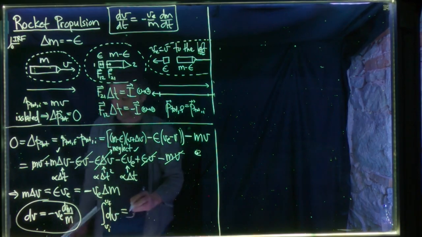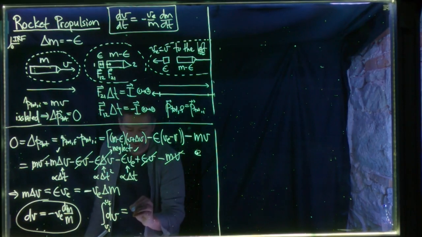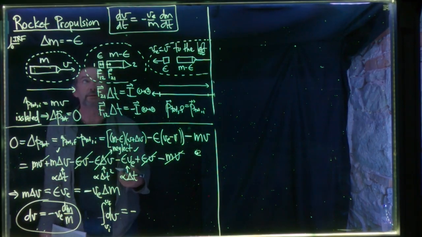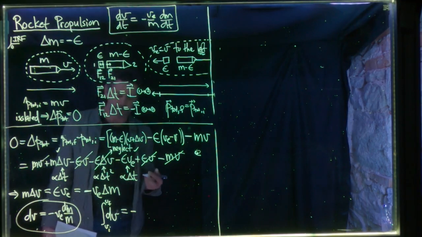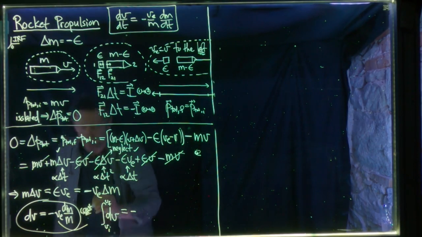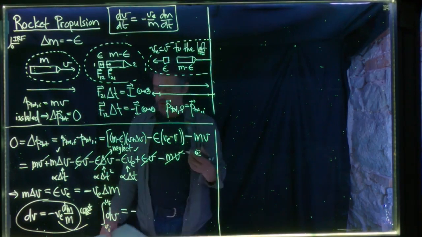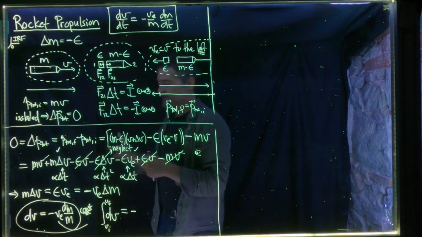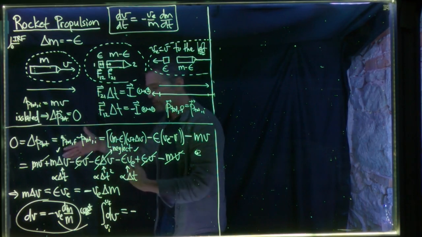And on the right-hand side, we're going to have a negative. We're going to assume, just for simplicity, that VE is constant. That is a reasonable assumption. When you're standing on the back of the rocket, as that rocket is firing, you're throwing out exhaust gas particles with some speed VE relative to the rocket.